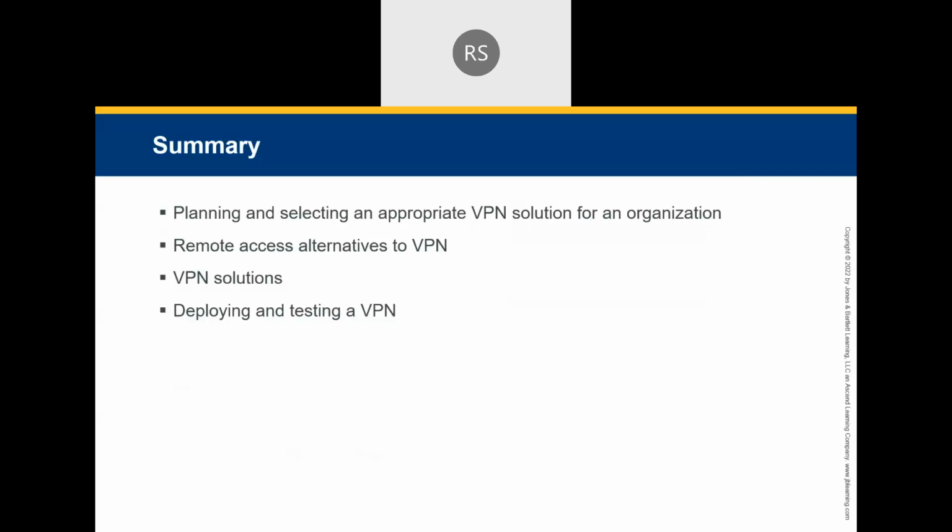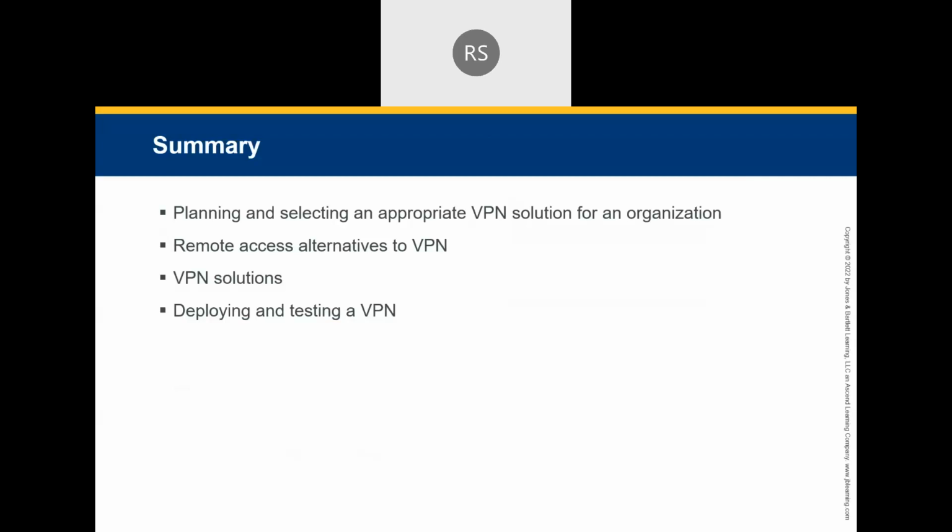Then you evaluate various VPN solutions based on factors such as encryption protocols, authentication mechanisms, scalability, and compatibility with your existing infrastructure. And then you choose that VPN solution that aligns with the organization's budget, security requirements, and usability for the end users.